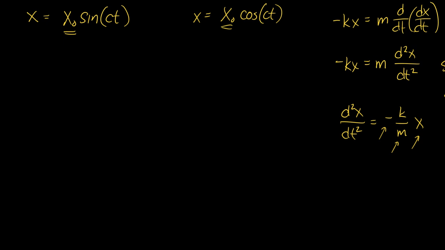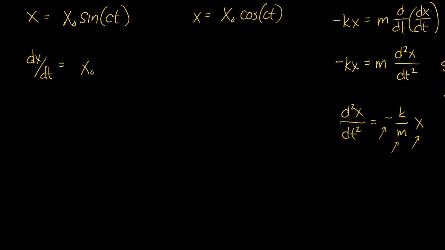Now, we got to test this. Our test is going to be to take the derivative. And my expectation is when I'm done, you can do this without any difficulty. You need to know how the derivative of the trig functions work. So let's start. dx dt. The derivative of sine is cosine.